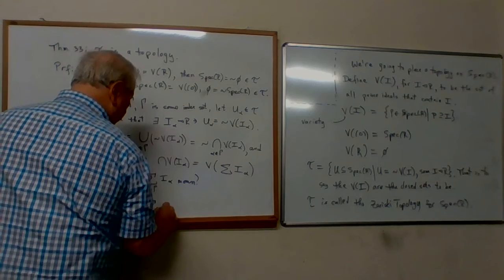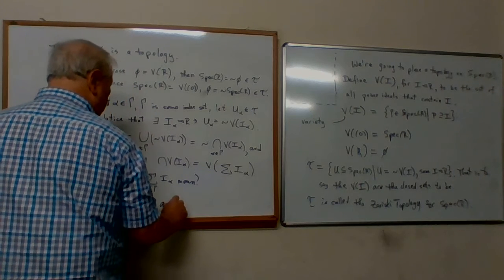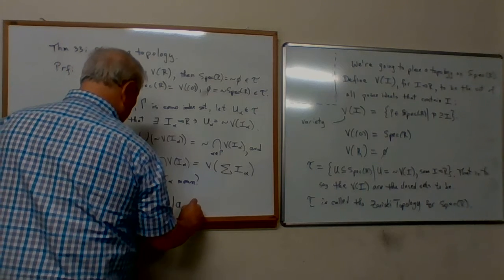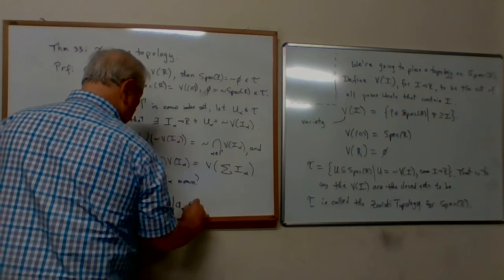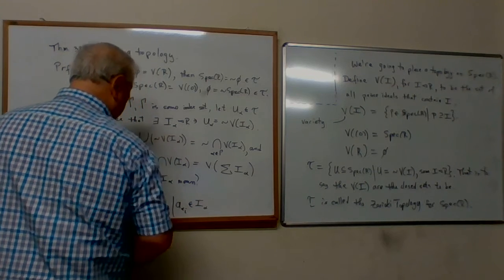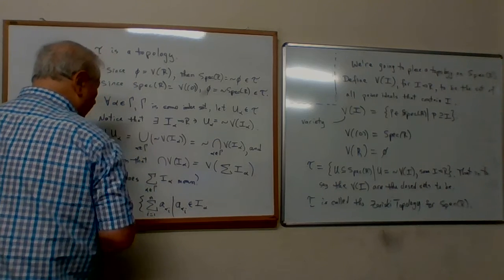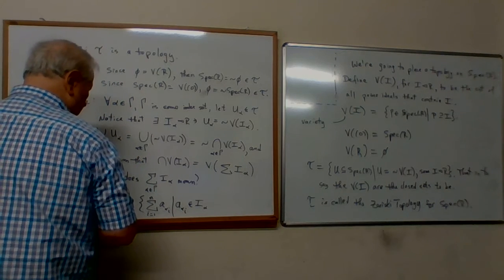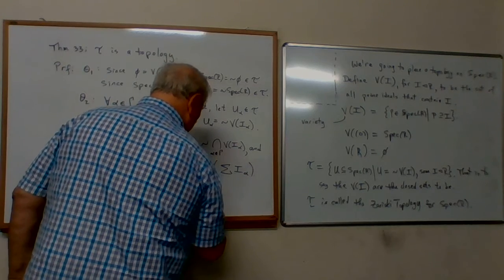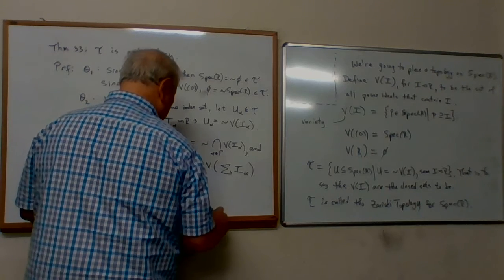It's the finite sums of a sub alpha i such that a sub alpha i is in I sub alpha.